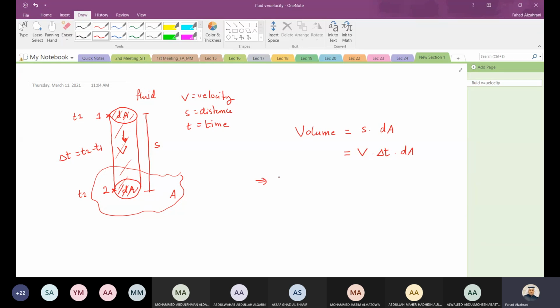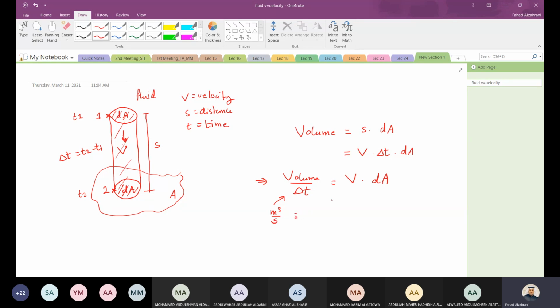Now, if you divide the volume by the time, it's going to be equal to velocity times this area. If you look at the units for this, ya shabab, volume over time is basically what? This is meter cube per second.